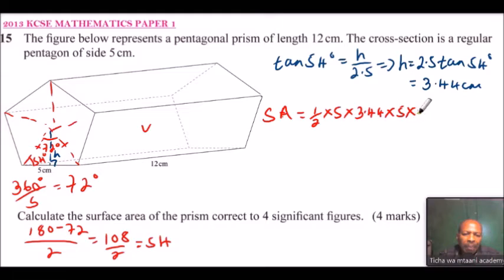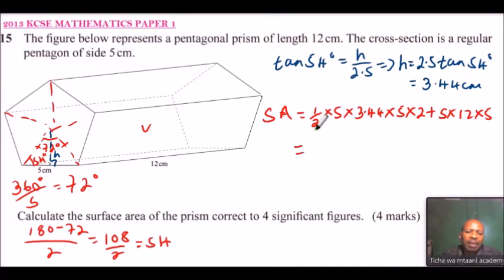We multiply by 2 because of the other side, so that will give us the area of the two sides which are pentagonal. Then we add the area of the sides which are rectangles. So it is 5 multiplied by 12. That is the area of one side, and because there are 5, we multiply by 5. So that will give you the surface area.